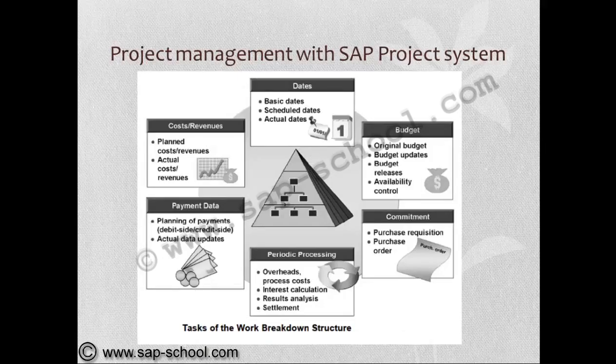The further elementary parts of SAP PS are dates, where we use basic dates, schedule those dates, and confirm the actual dates; budgets, the original budget and whatever updates take place, budget approvals, and all the time the availability control; and the commitment through purchase requisitions, purchase orders, and payment, planning of payments, actual data updates, costs and revenues, reportings as and when required, and periodic processing.